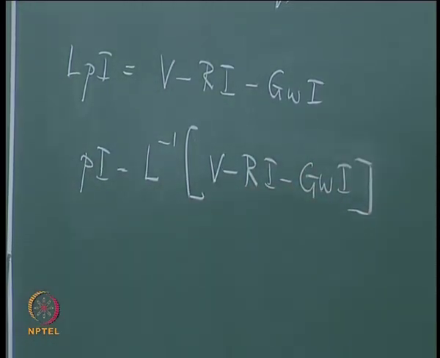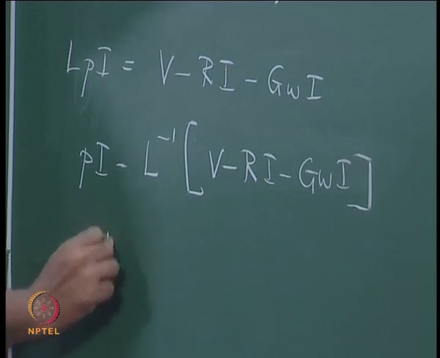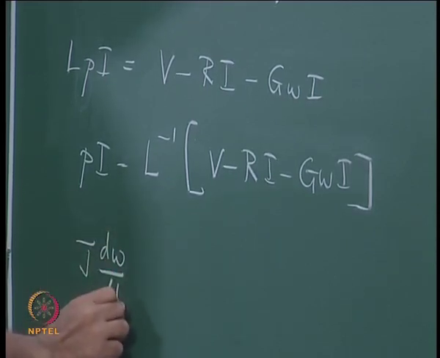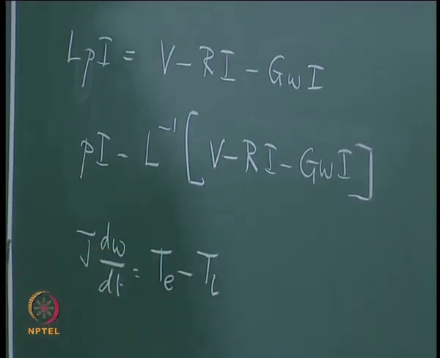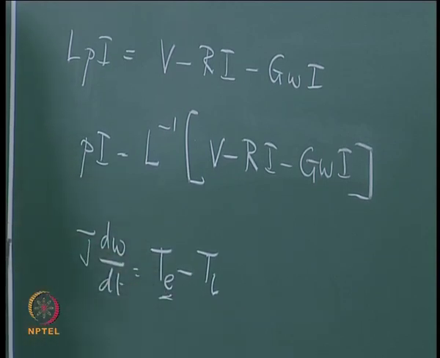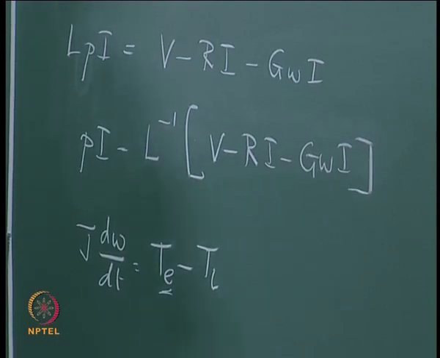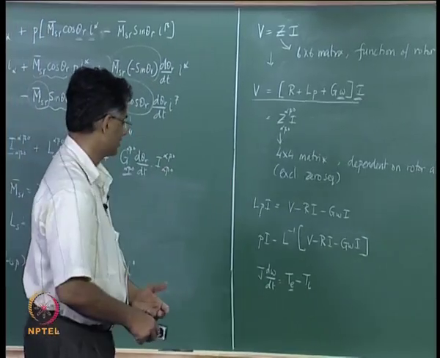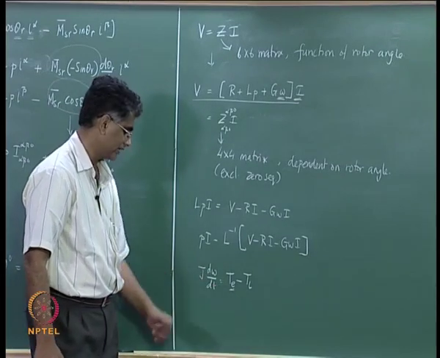This is an equation for the electrical subsystem part of it, and then you have the mechanical system, which would say J d omega by dt is the torque developed minus whatever load torques are there on the system. This torque developed will then be a function of I. We have already seen I transpose into Gi is the generated torque, and therefore, one can substitute that expression here.